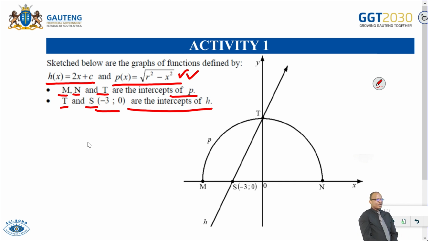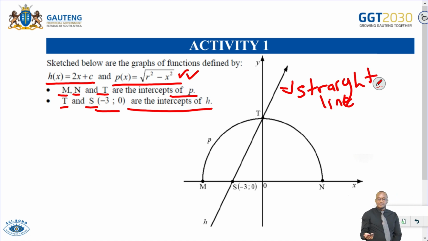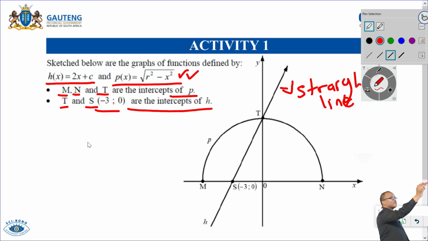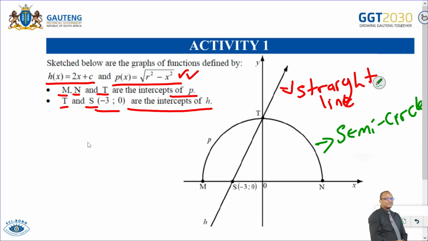Now, we can see by looking at it that this is a straight line, correct? It's our straight line function or graph. And looking at the other one, you can see that this one is your semicircle, correct? So we have two graphs there.